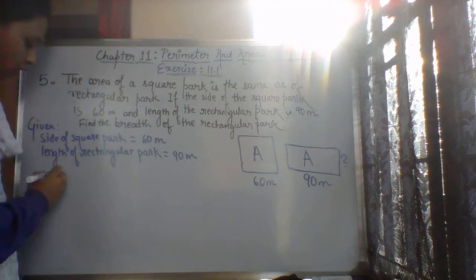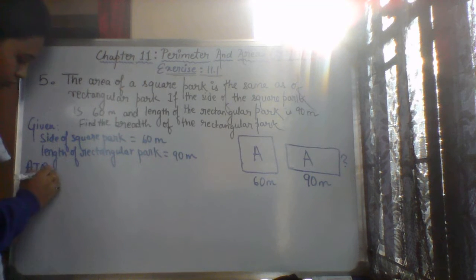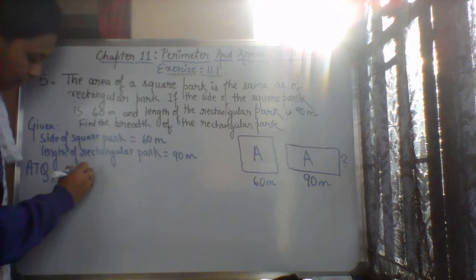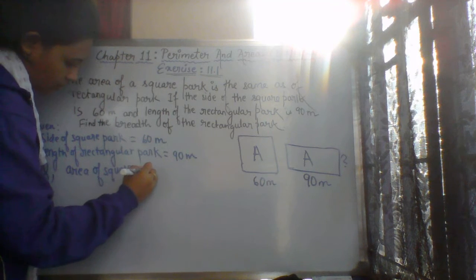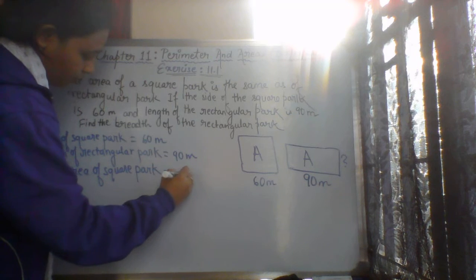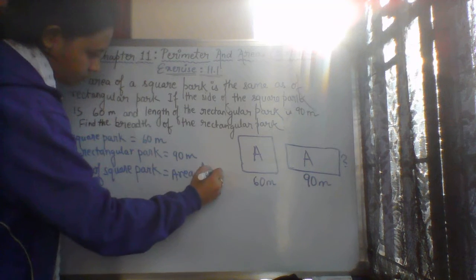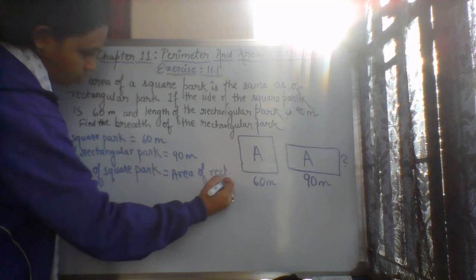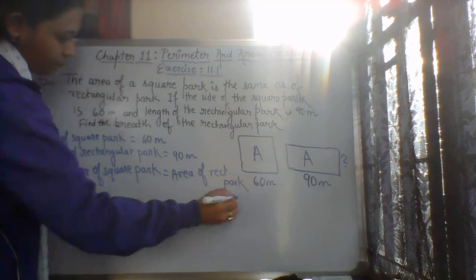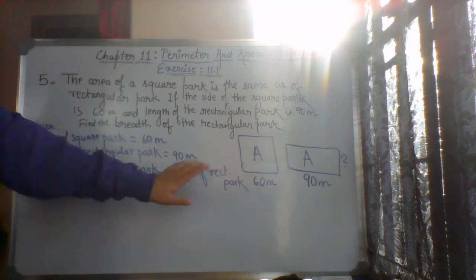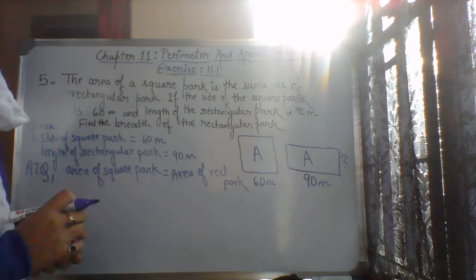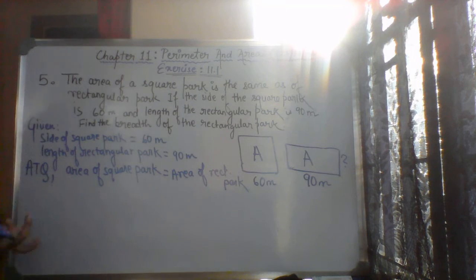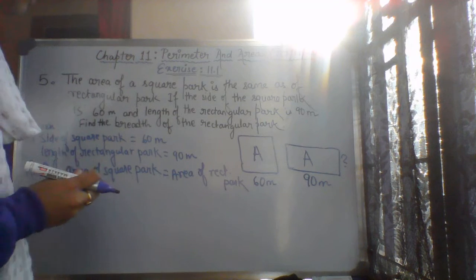Okay, so according to the question, area of square park equals area of rectangular park. Now we are going to find the breadth of the rectangular park, so we put the formulas containing the breadth term.